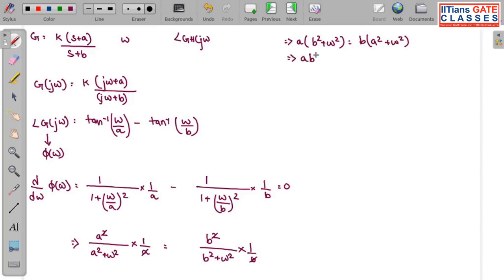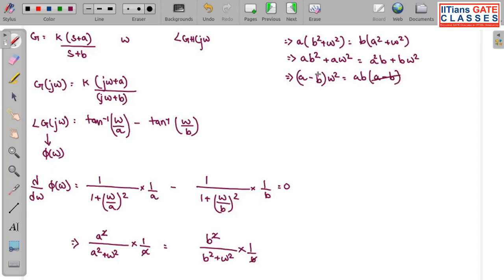So ab square plus a omega square equals a square b plus b omega square. Separating out the omega square term, (a minus b) omega square equals ab times (a minus b).